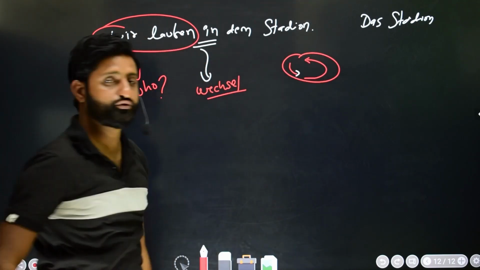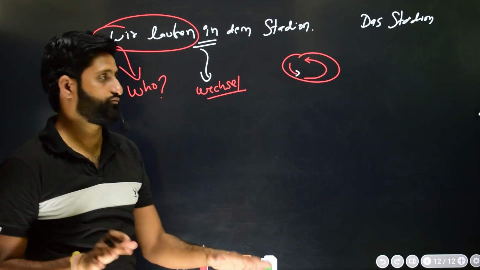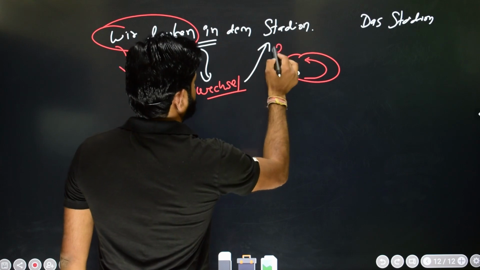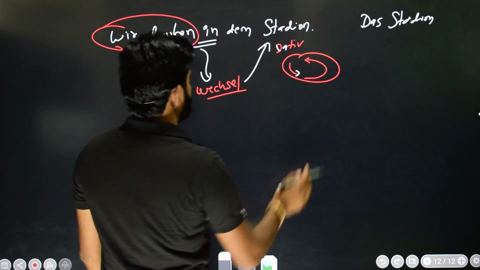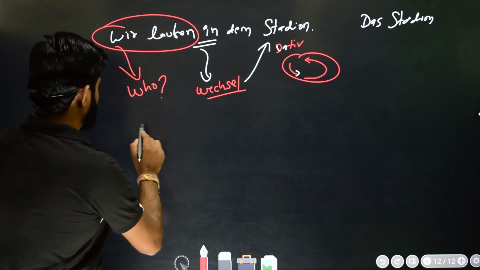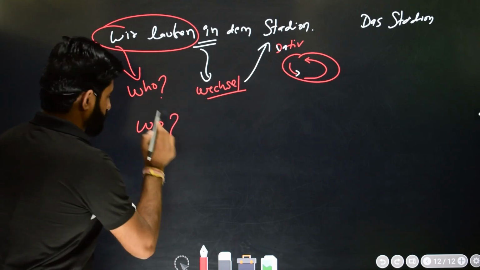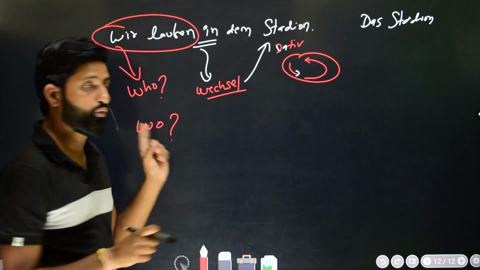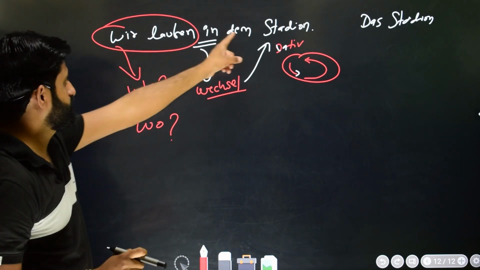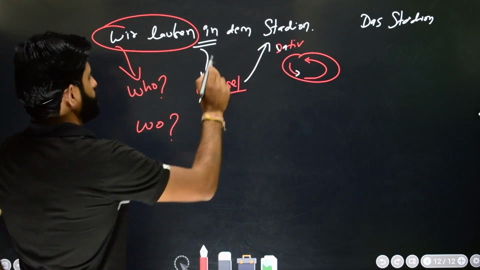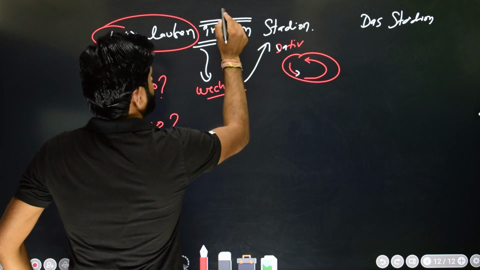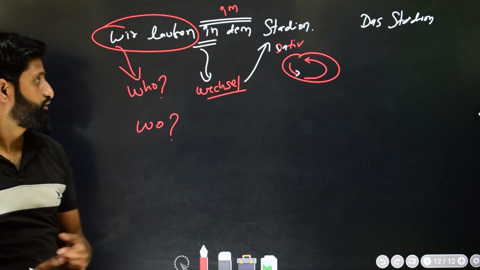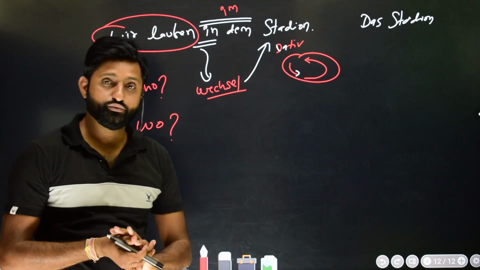That is the reason this part of the sentence will go into dative. Or we can apply the second rule, question with wo. Where are you running? We are running in a stadium. So the question is with wo. That is the reason this will be in dative. We can write the short form, that is im. Wir laufen im Stadion.